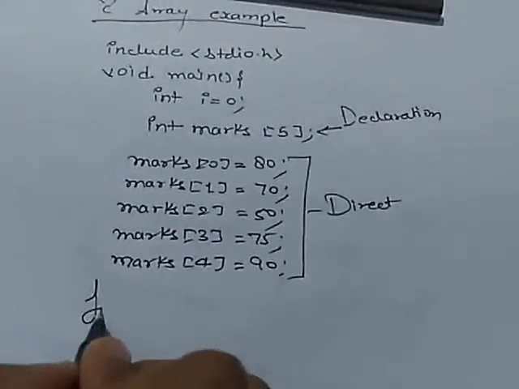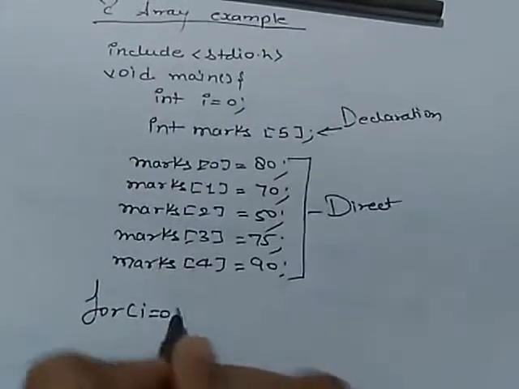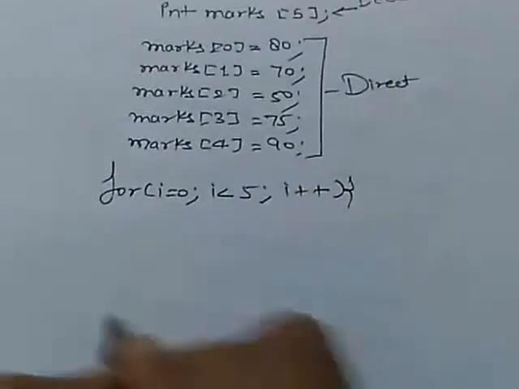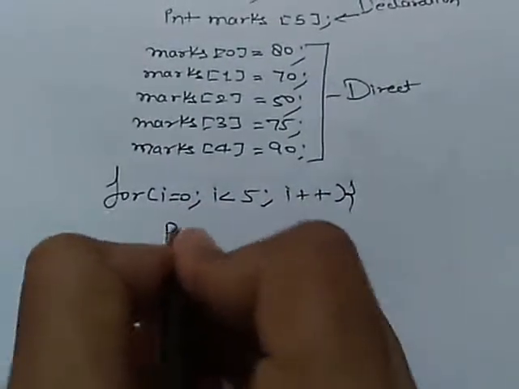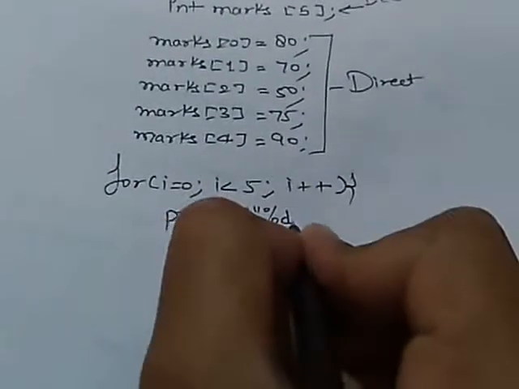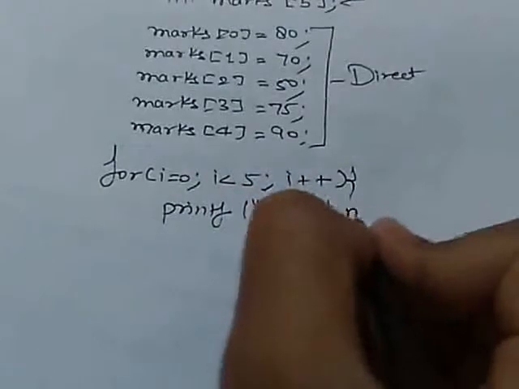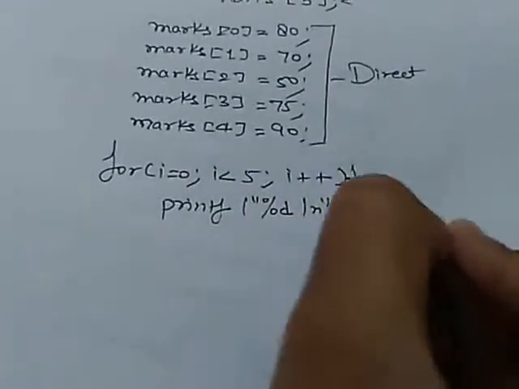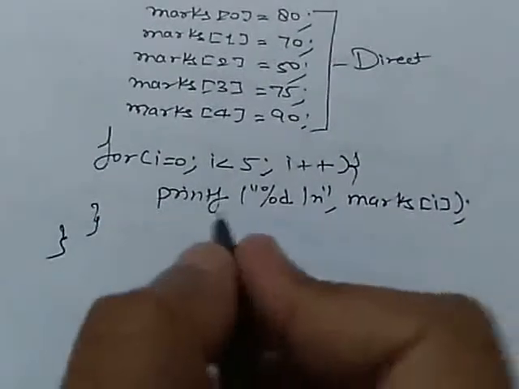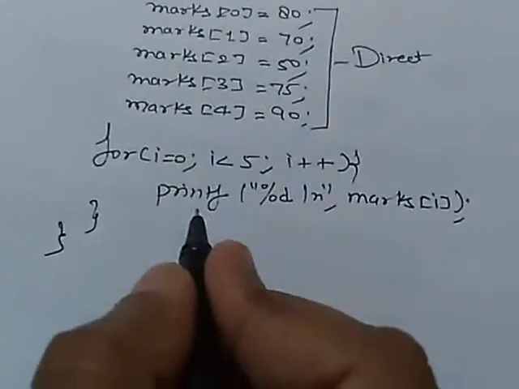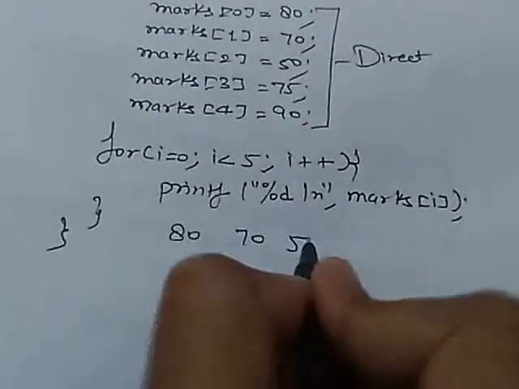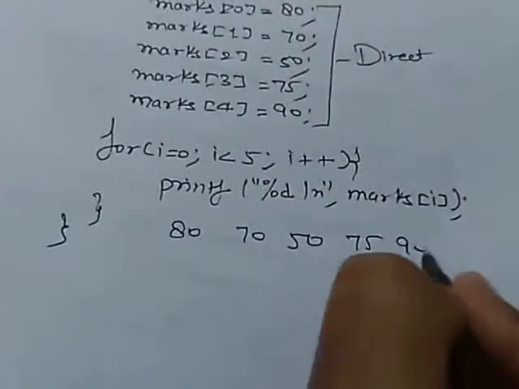What we have to do, for i equal to 0, i is less than 5, i plus plus, then printf percentile d, address of n, and we have to give the array name and the index location. So all the elements will be printed here, that is we will get the output 80, 70, 50, 75 and 90.